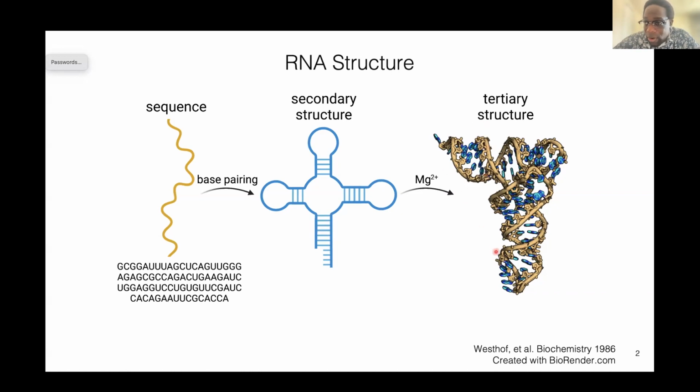The most complete form of the information you can have is the three-dimensional structure, because it contains information about the relative positions of the individual atoms in the RNA and the sequence. So a lot of the work centered around RNA structure prediction is mostly attempting to go from sequence all the way to 3D structure.